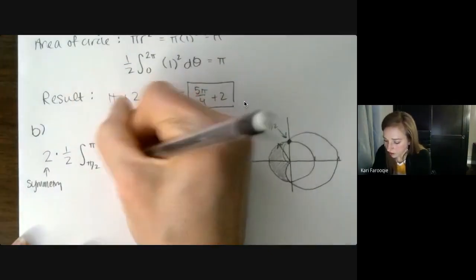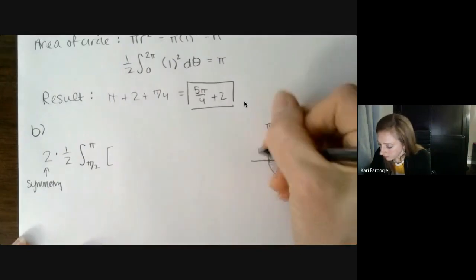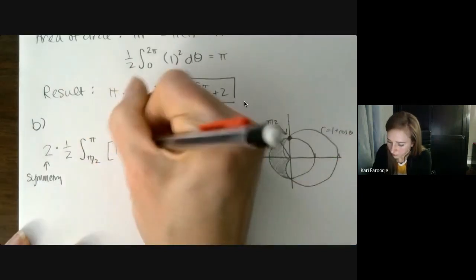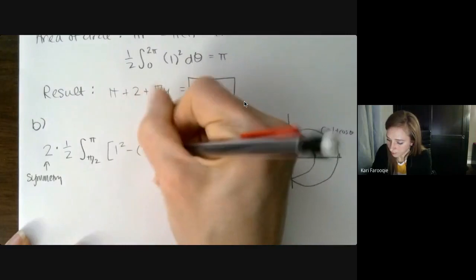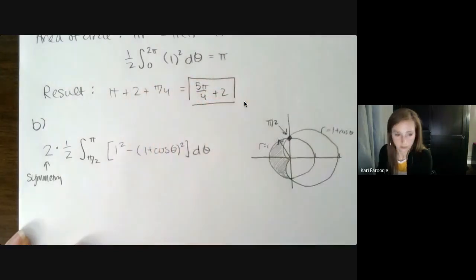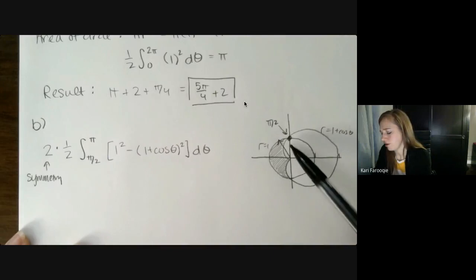And then we're going to take the outside, which in this case is r equals 1 squared minus our inside squared, d theta.